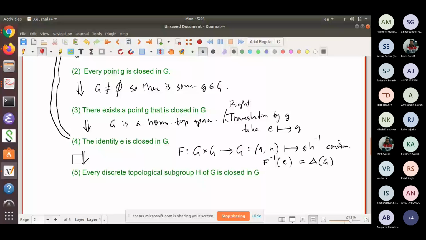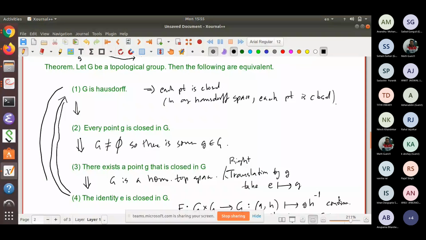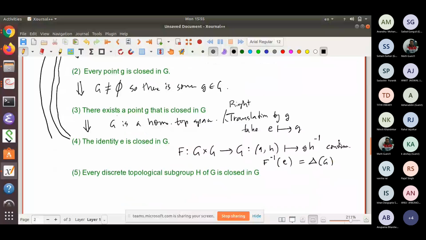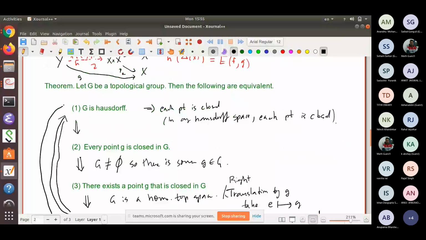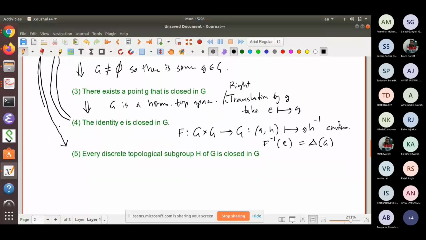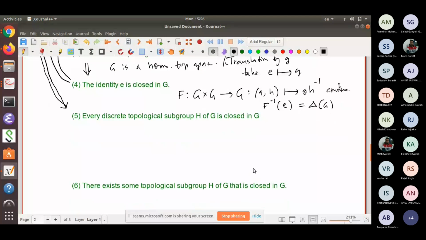We have proved that if G is Hausdorff, then every discrete topological subgroup H of G is closed in G. That's what we proved last time. That was the last theorem in the last lecture, which we reviewed this morning. Okay.